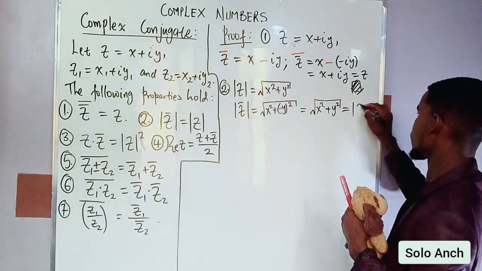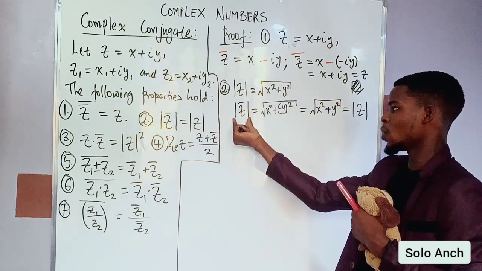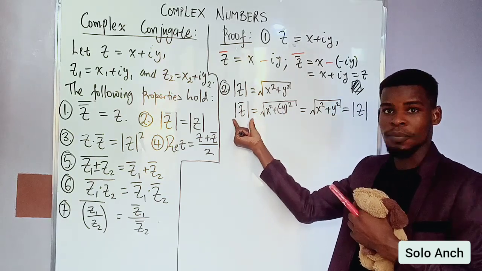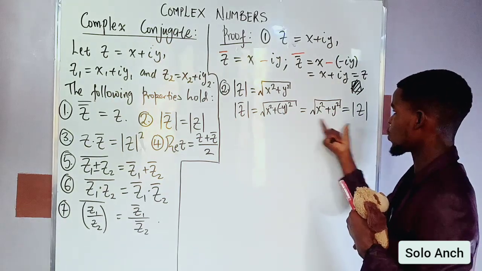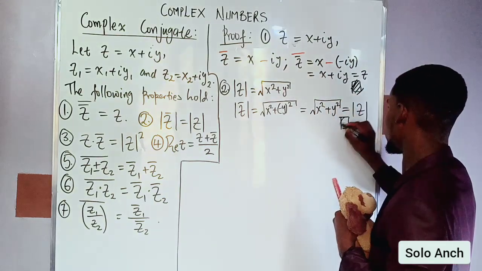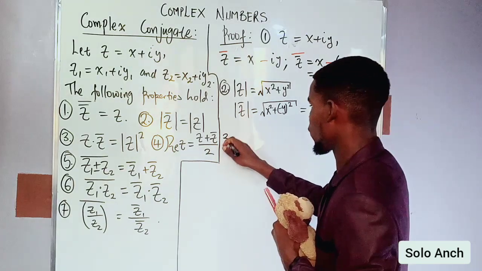And this right here gives us the modulus of z. So that tells us the modulus of the conjugate of the complex number z is the same as the modulus of z. Good. So that's it for the second one. Again, you draw the box and try to shade it properly this time, but it's not really nice. So let's see the third one real quick.